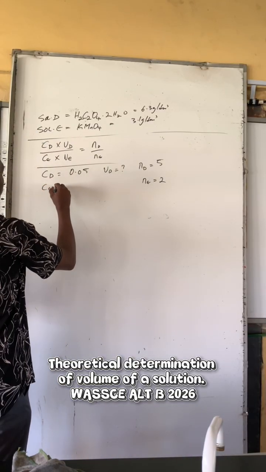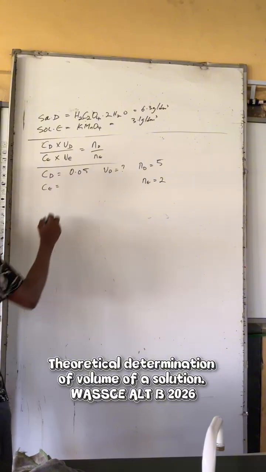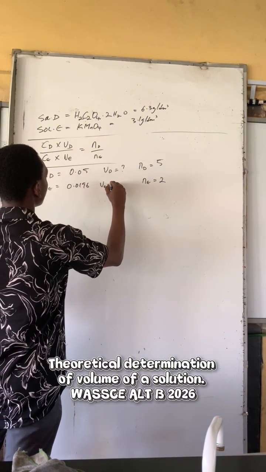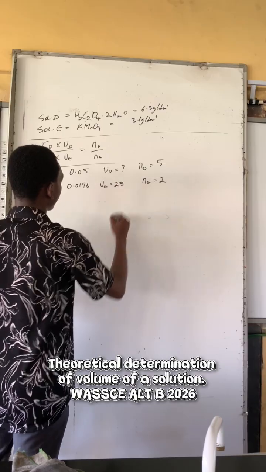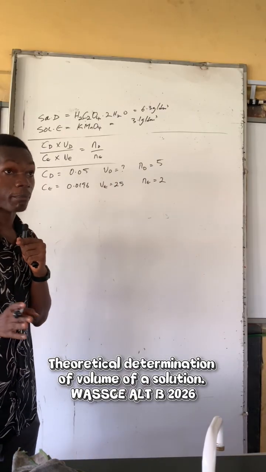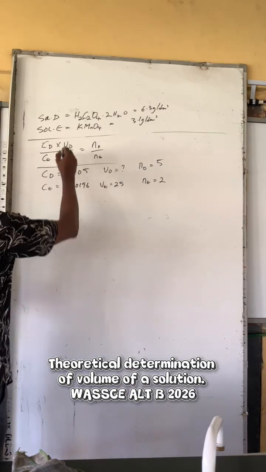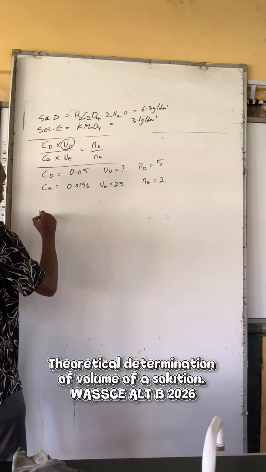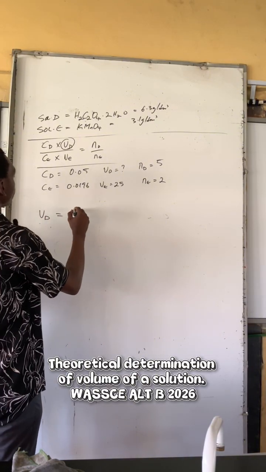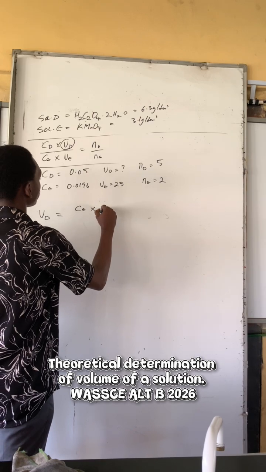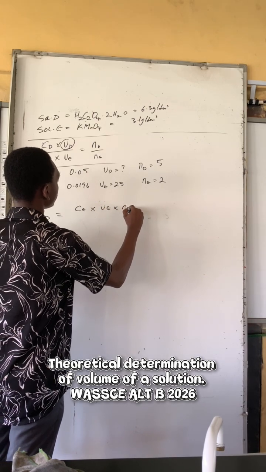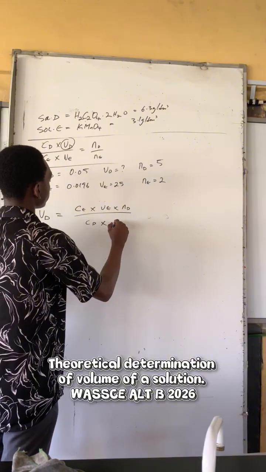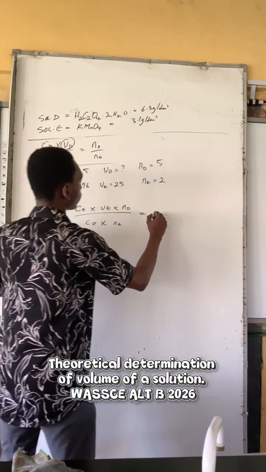Okay, so the concentration of the KMnO4, 0.0196, and the volume to be used, let's use 25 cm cube, a normal pipette size, right? Now, if we make VD the subject of the formula, it will look like this: CE times VE times ND all over CD times NE. I'll simply do that.